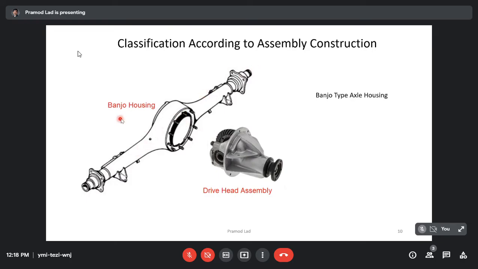So this type of design is called the banjo housing design. This is more popular because its weight is light and it is many times made through sheet formation.